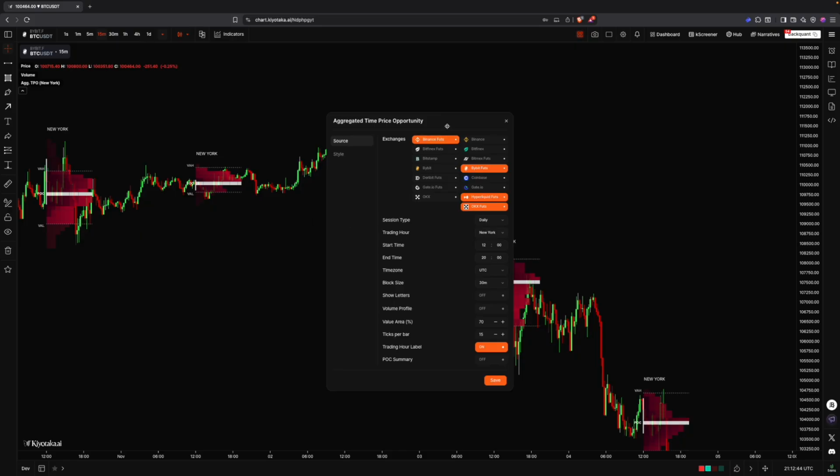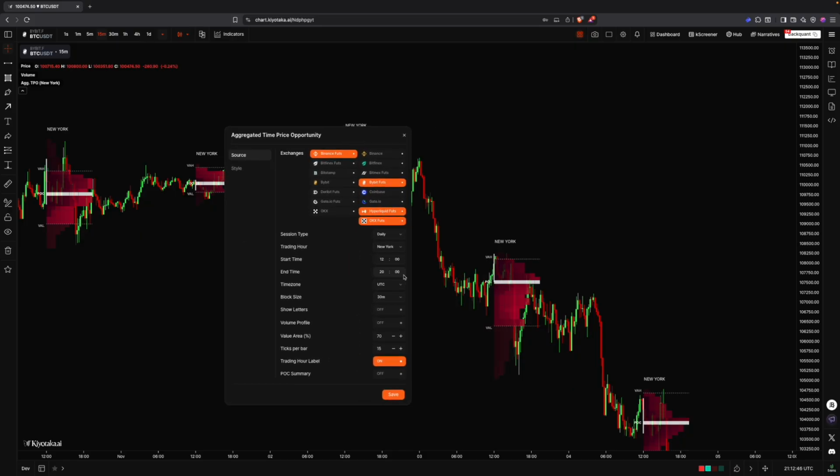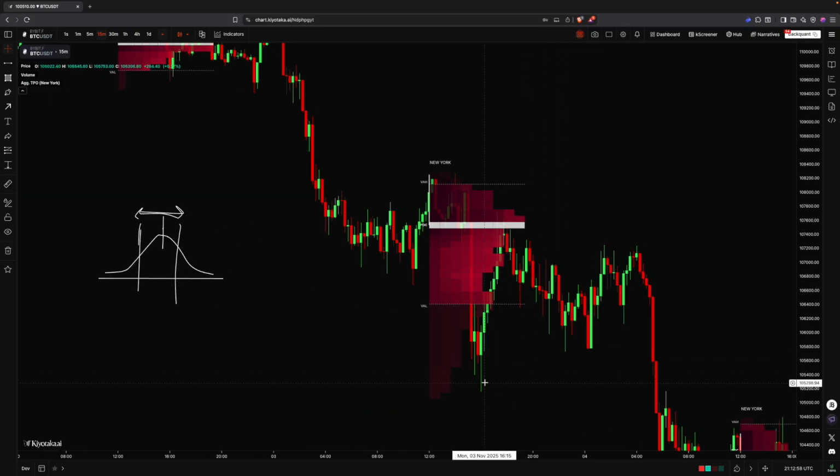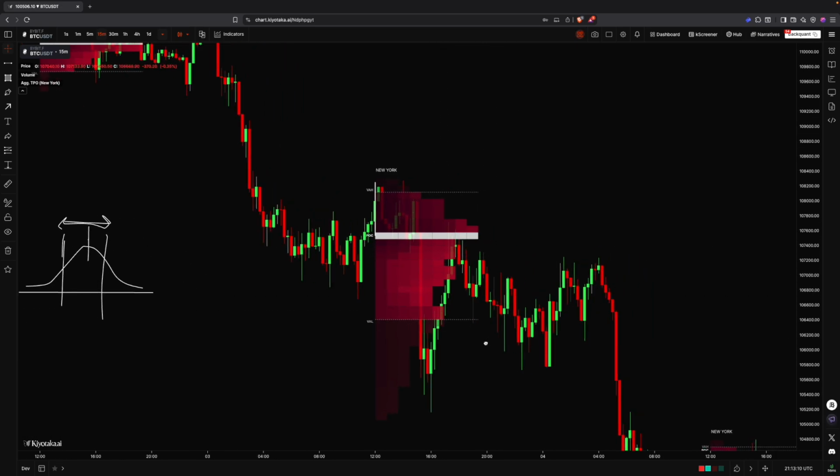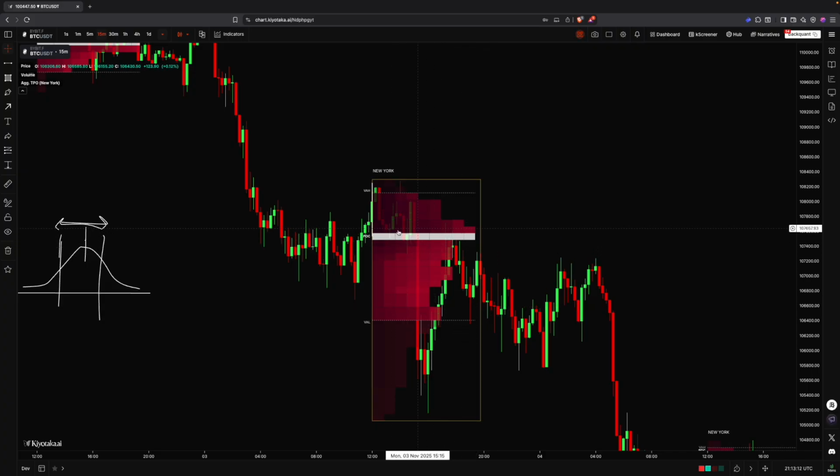whereas, well, not necessarily just institutions. I say that because the TPO is really good for identifying where the aggressive participants are willing to react, right? And so if you know that price spends less time there, you know that there were aggressive participants buying up this level, which is why price spent such little time here, versus markets that are more balanced.